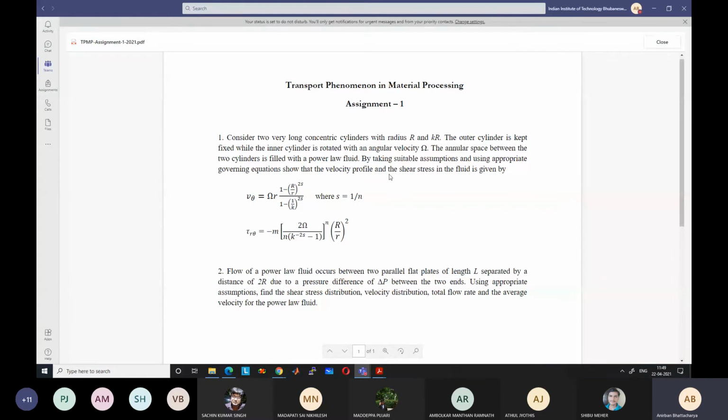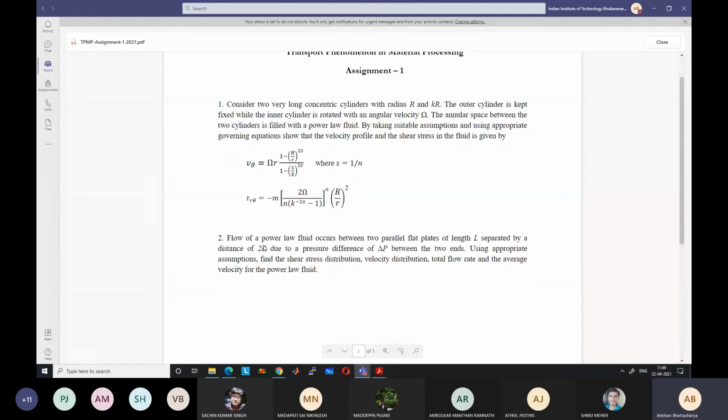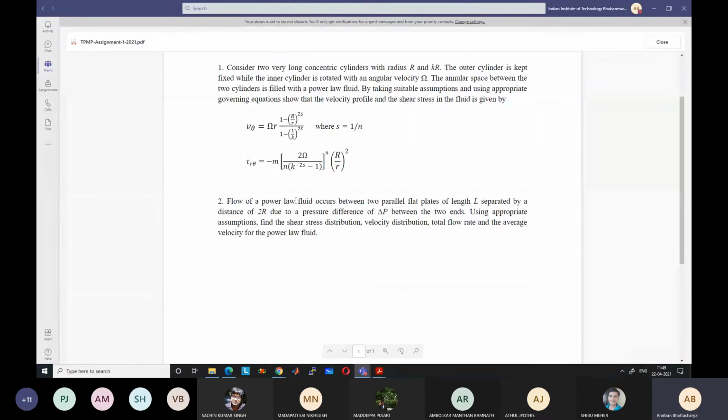The second problem is slightly simpler. A power law fluid flows between two parallel plates. We have two parallel plates of length L separated by a distance 2R, and there is a pressure difference delta P between the two ends. It is the same problem as the cylinder that we have studied, but instead of a cylinder, now it is a Cartesian coordinate problem.